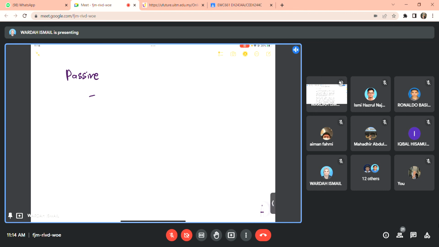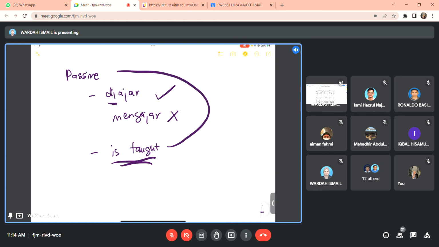Dia ayat ibarat contohnya diajar. Dia ada di depan. Dia bukan mengajar. This is wrong, this is right. So, for example, is taught. Kenapa dia macam ni? Sebab this is to show that dia ni adalah passive. Diajar. Maksud dia diajar. Dia bukannya past tense tetapi dia passive voice.